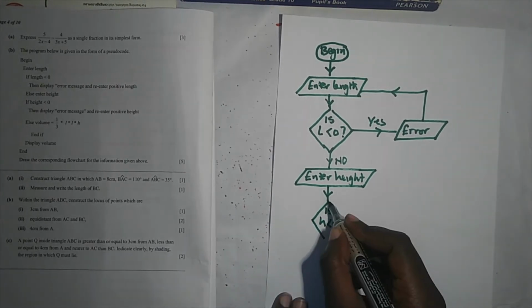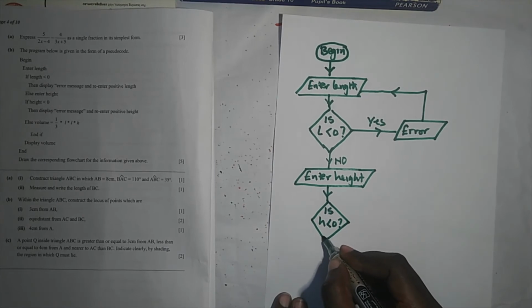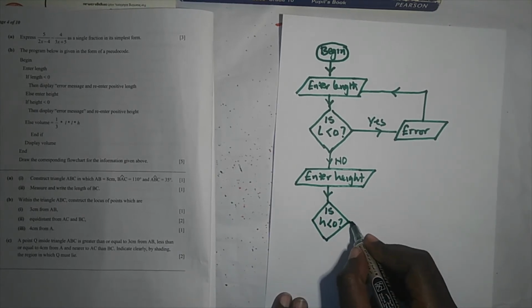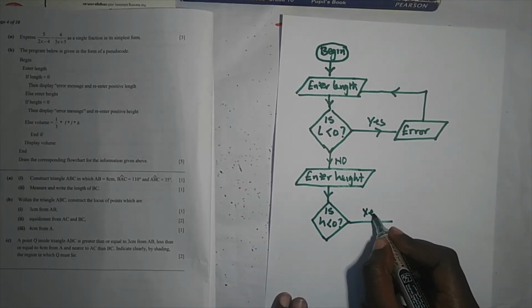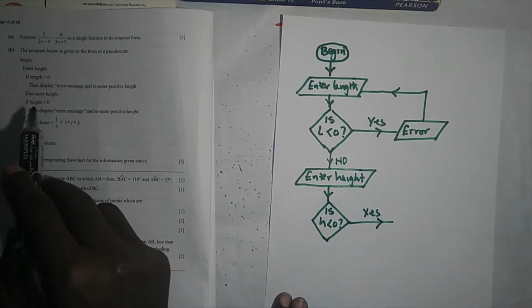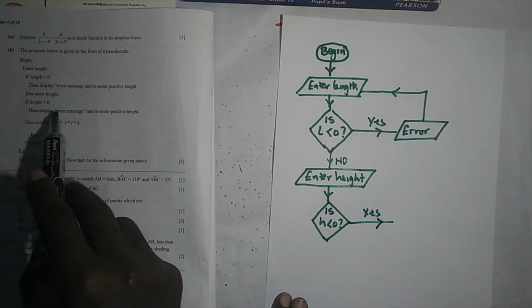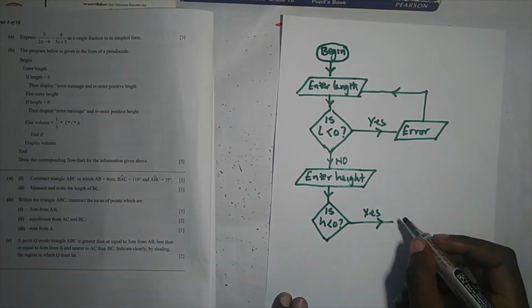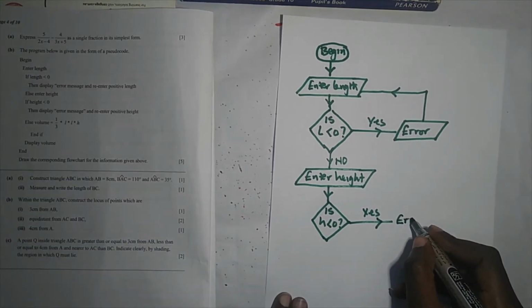Then we'll put the decision box here. On this side we are going to have yes with an arrow. It says if the height is less than 0, then display error message. So we are going to have an error message here.